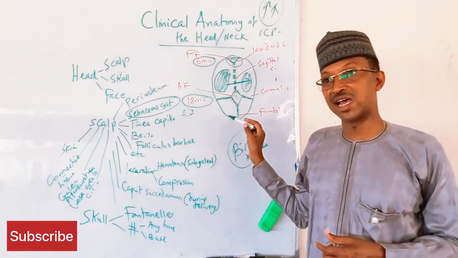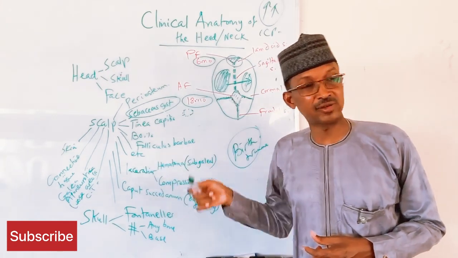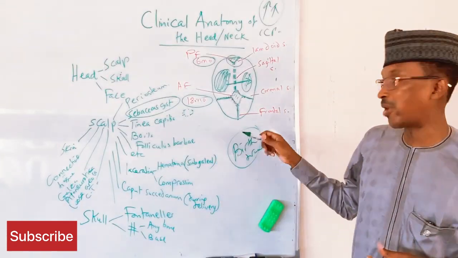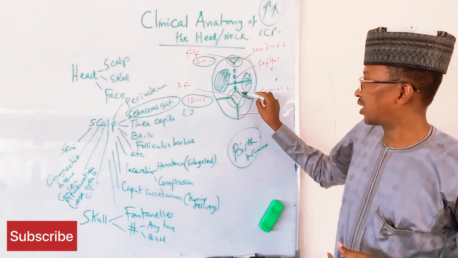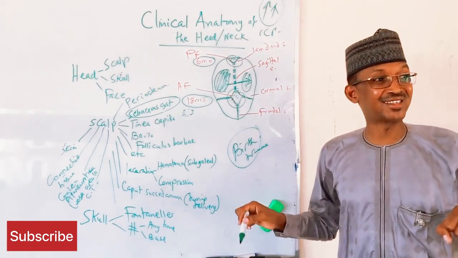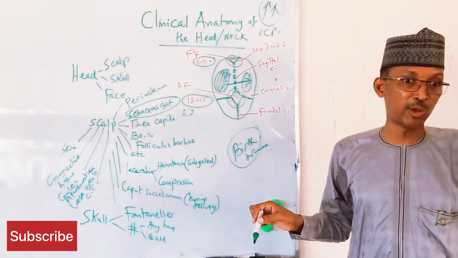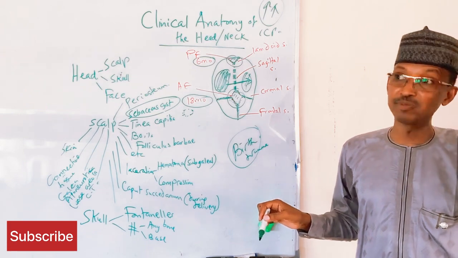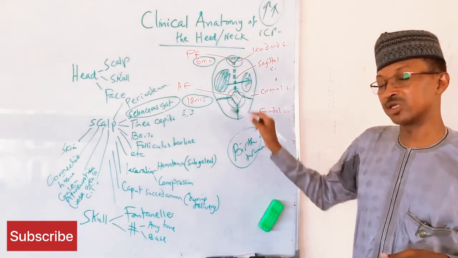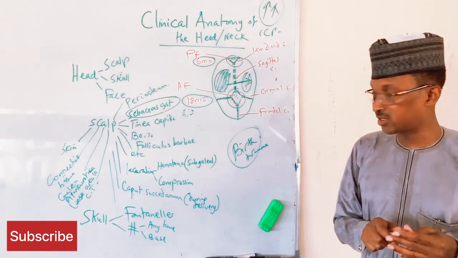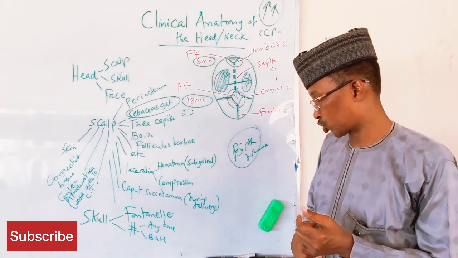A baby that has meningitis has raised intracranial pressure, and by so having, the anterior fontanelle and the posterior fontanelle get tensed. They bulge out like that. So when you touch, it's very tensed. And that is one of the signs of raised intracranial pressure.